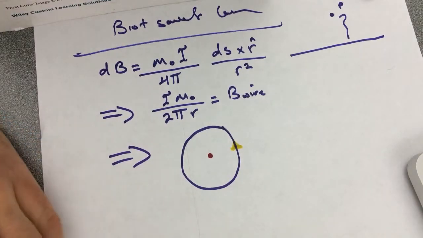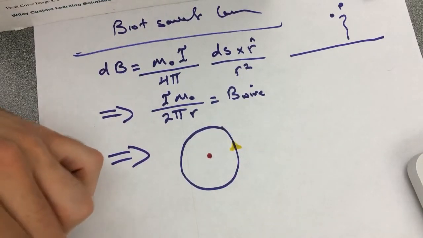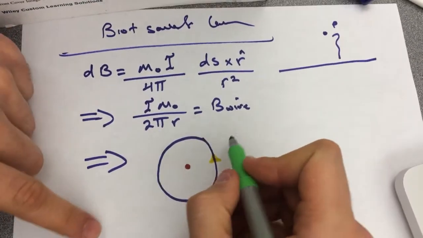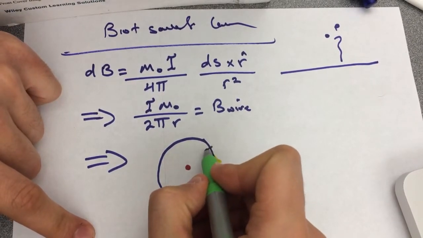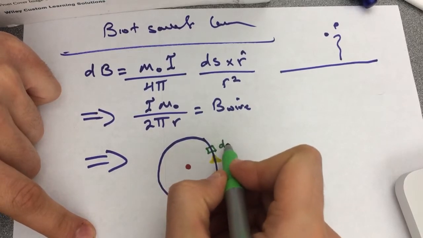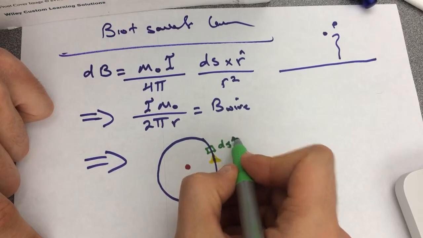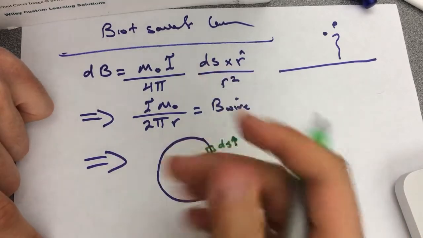Okay. Alright, so we're using the Biot-Savart law to find it. So let's call this small ds, and the direction of it is going this way, because the current is going this way.